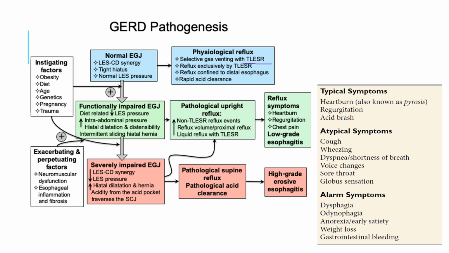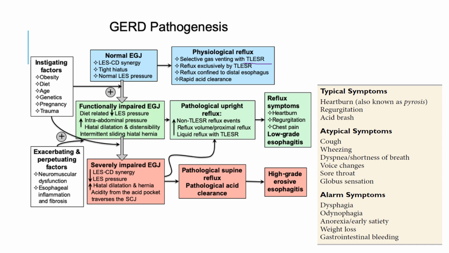Then what happens when there is an impairment of the gastroesophageal junction? When there is a sliding hiatal hernia and so on, there can be this reflux, and it can lead to reflux symptoms.